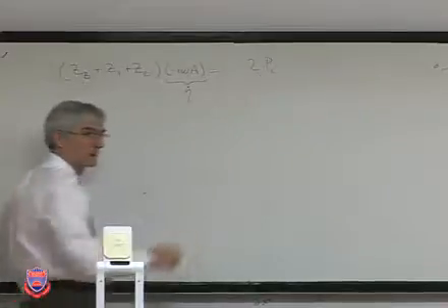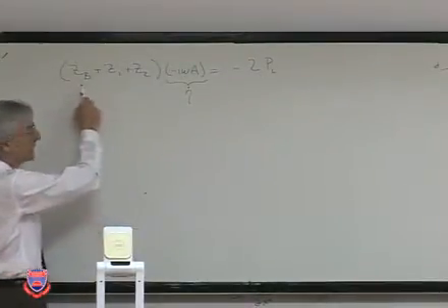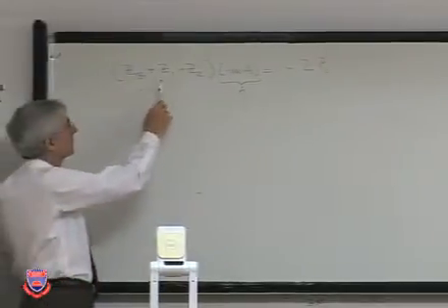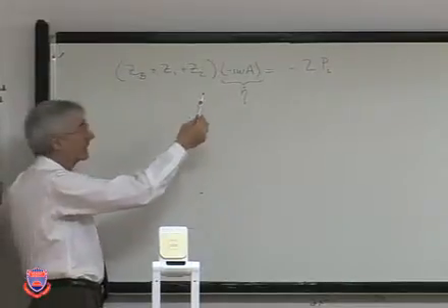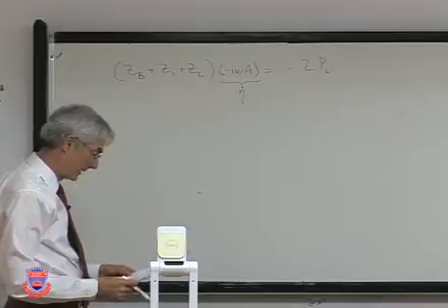So twice the incident pressure amplitude equals the combined impedance of the plate: the mechanical impedance of the plate, the radiation impedance on one side, and the radiation impedance on the other side, times the velocity of the plate.